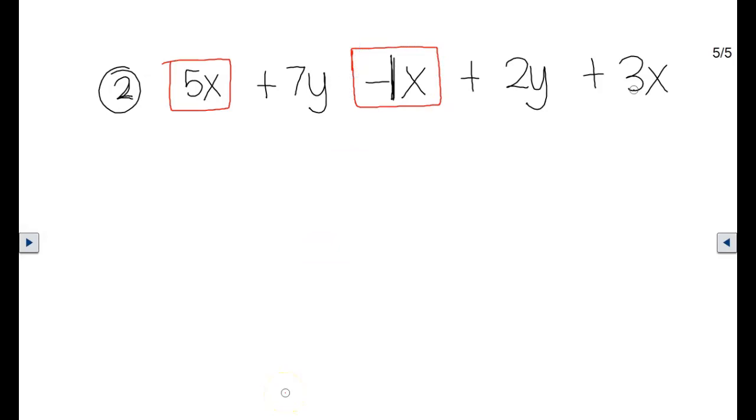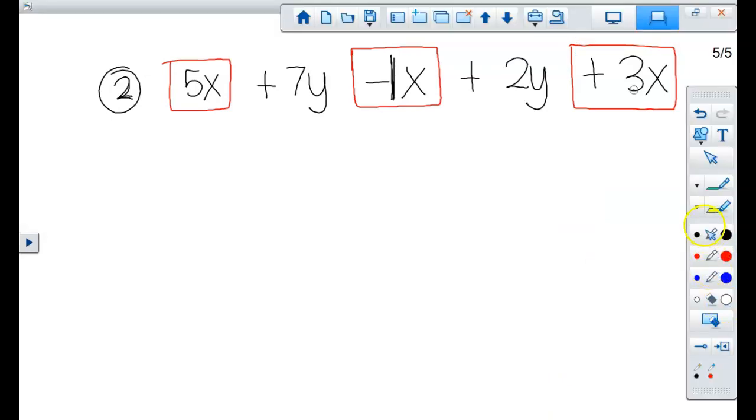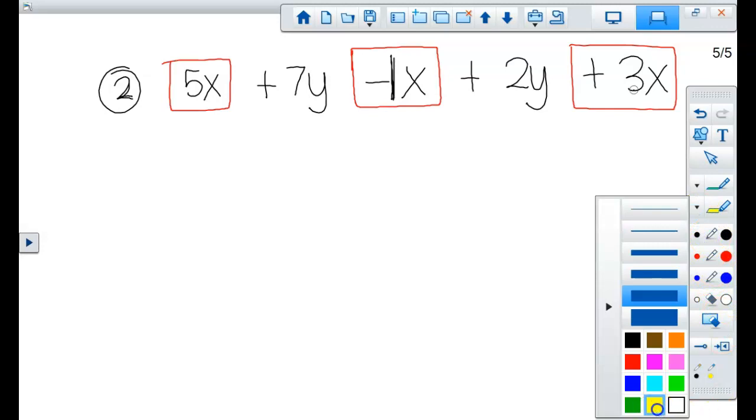Now notice I'm grabbing that minus sign with him because that belongs to him. I also see out here on the end a term that has x as the last name. So I'm going to put a red box around plus 3x. So the three terms that have red boxes are all like terms because they all have that last name of x.